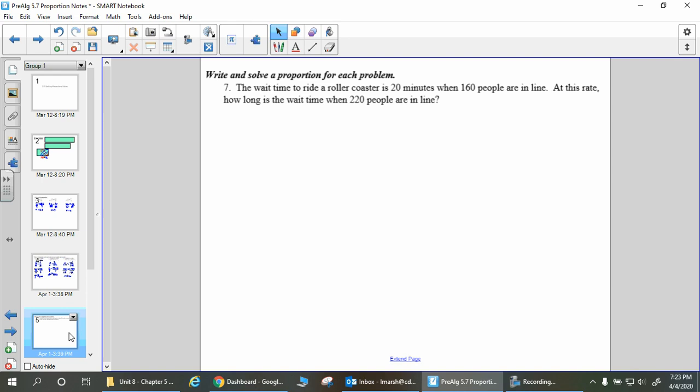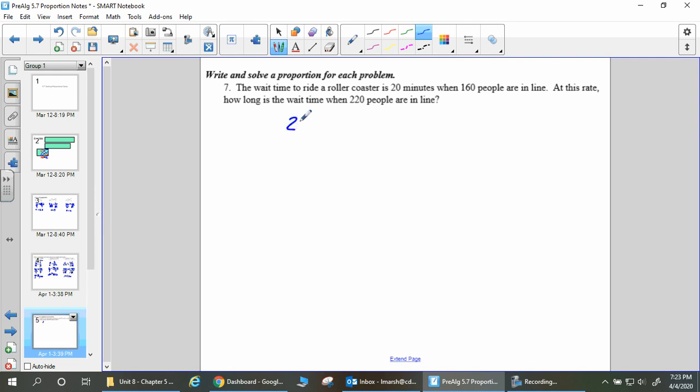So question 7 here says the wait time to ride a roller coaster is 20 minutes when 160 people are in line. At this rate, how long is the wait time when 220 people are in line? So all of the same information is there. The only difference is they don't tell me what letter to use, so that means I can use any letter I want, but I still need to set up my fractions.